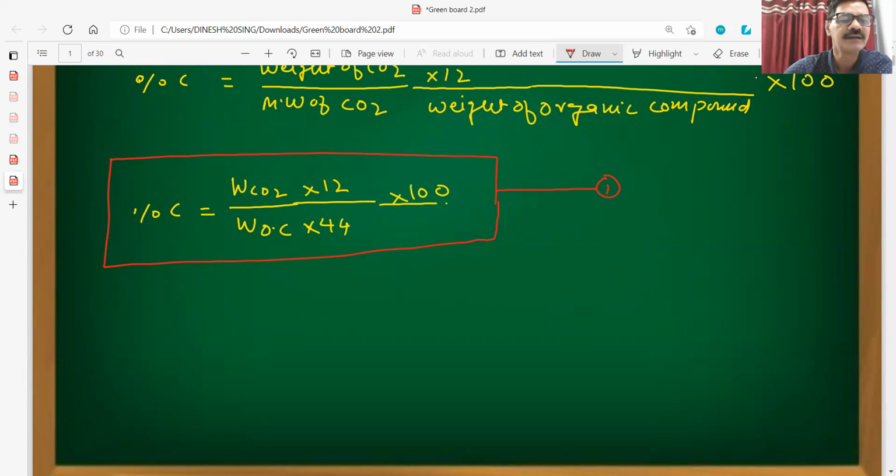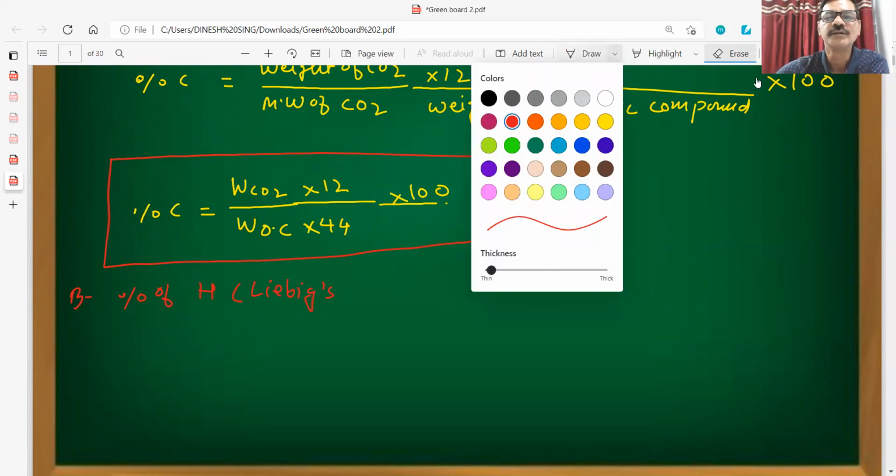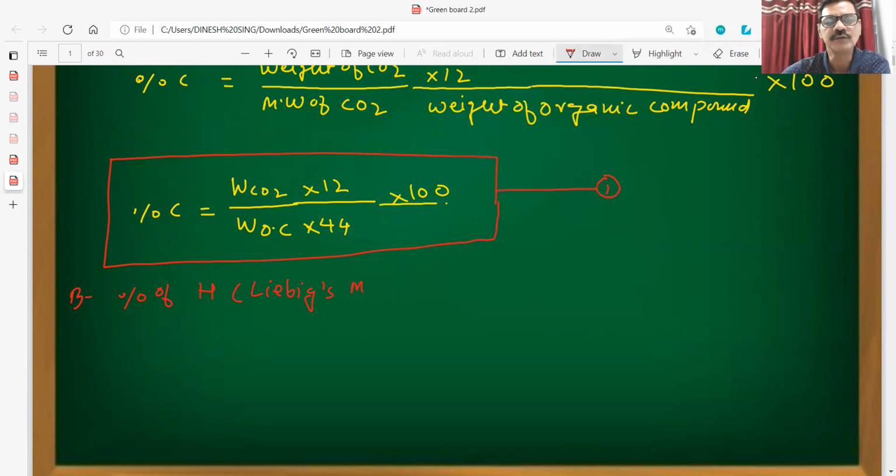Second thing is the percentage of hydrogen. This is also calculated by Liebig's method. In the organic compound, whatever hydrogen is present, that will convert into H2O. So the amount of H2O liberated by combustion of organic compound, all hydrogen will liberate in the form of H2O.